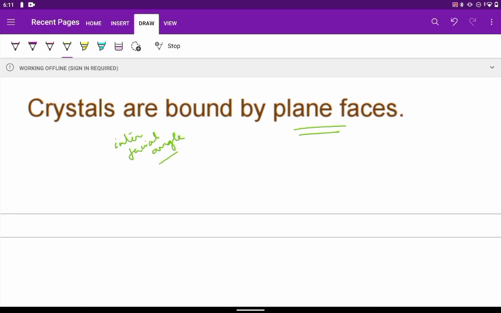For a given crystalline solid, it is a definite angle and it will always be constant. And if by chance you hammer a crystalline solid, it will break up into smaller crystals of the same geometrical shape.